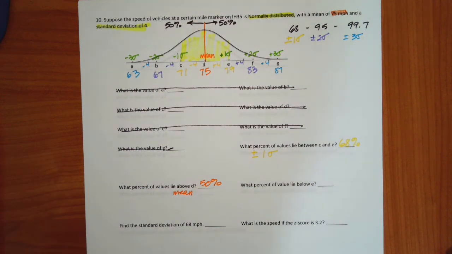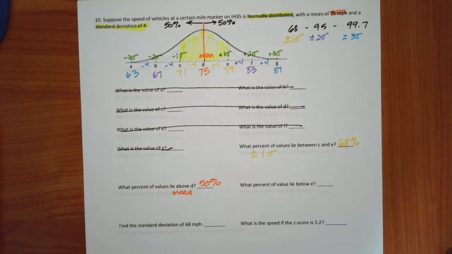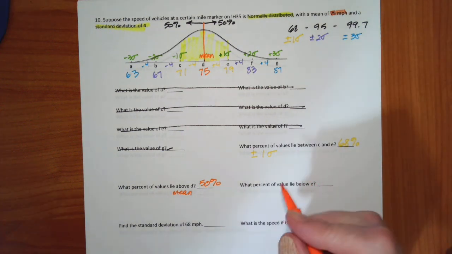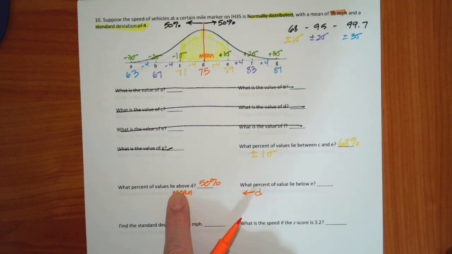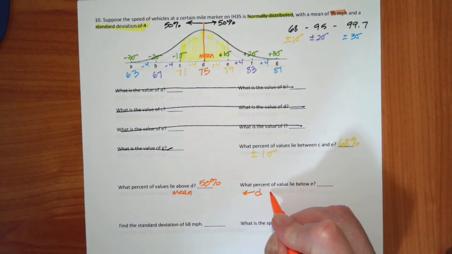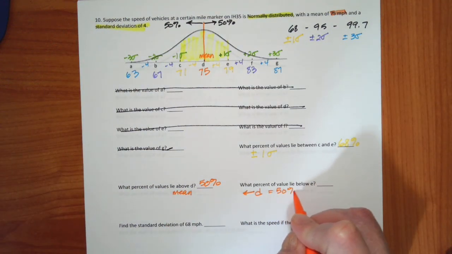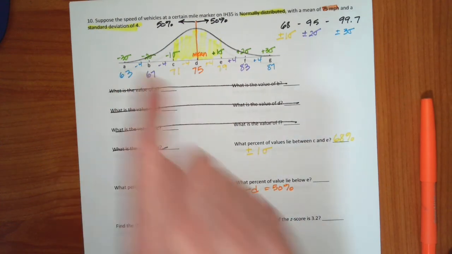Okay, what percent lies below E? Well, let's see what we've got. Now, I'm going to split this up. To the left of D, I know that from here all the way to the end is 50%. But I want to know from E down.